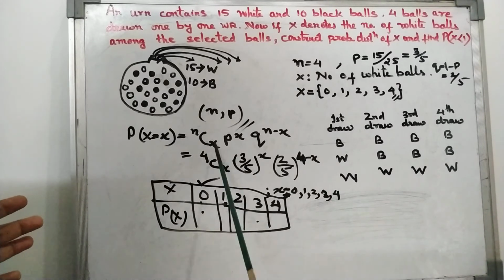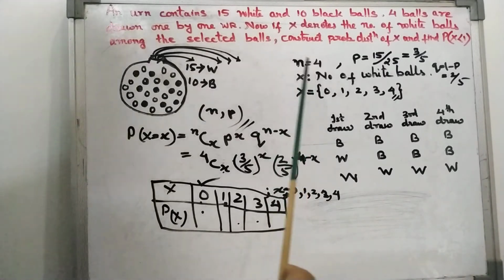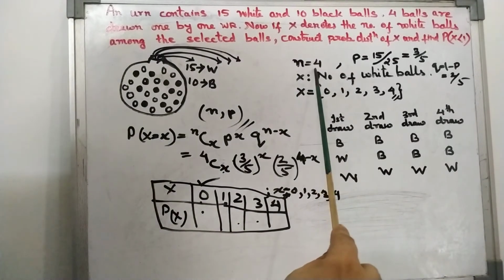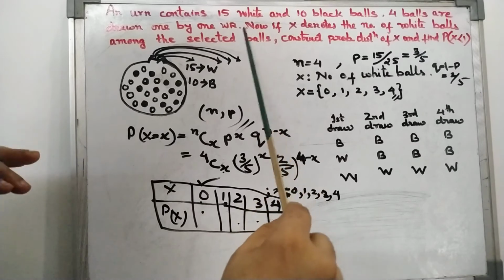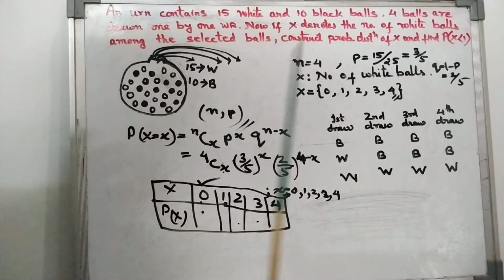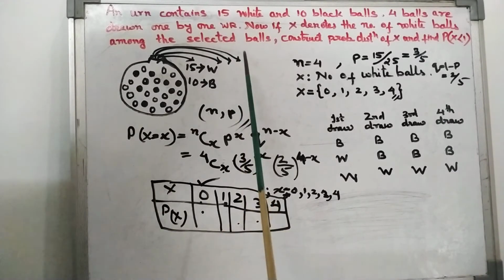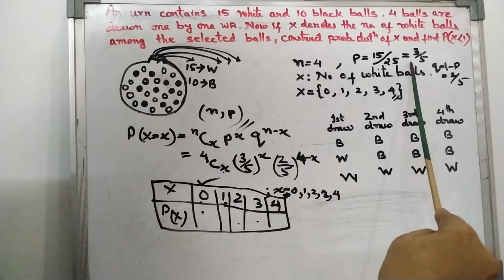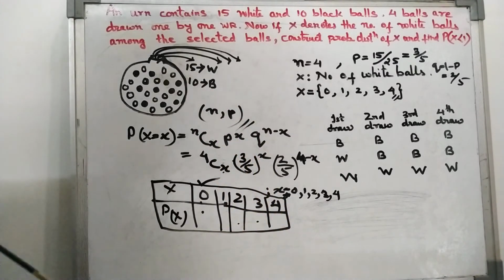So here first you have to check whether it follows the binomial distribution or not, because here it satisfies all the conditions of the binomial distribution. That's why we are using it, otherwise not. Here n is finite and p is constant for each trial, because it is a case of with replacement. If it is a case of without replacement, we cannot use it, because then trials are not independent. With replacement means trials are independent, the probability of success is constant in each trial, and the outcomes are mutually exclusive and exhaustive.